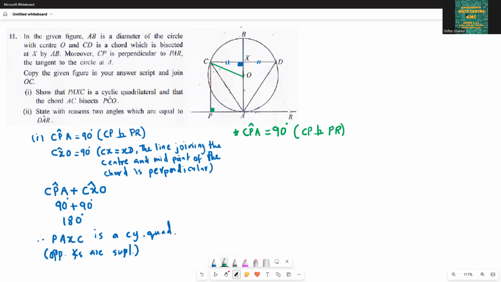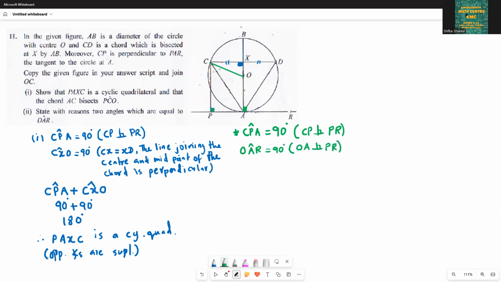And angle OAR equals 90 degrees. This also is 90 degrees. Why is that 90? OA is perpendicular to PR.